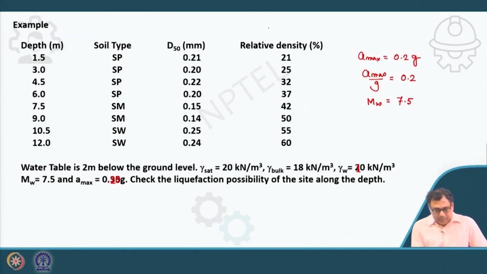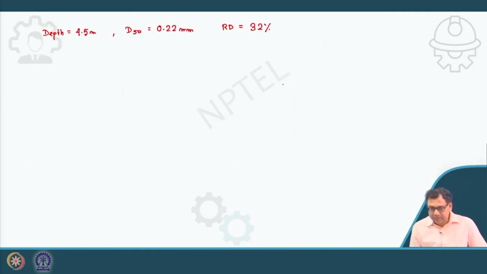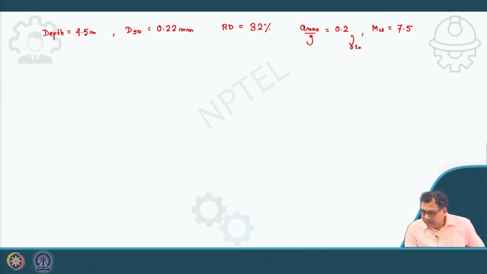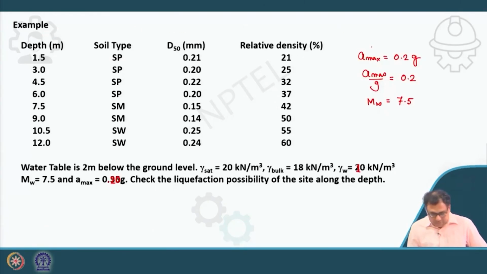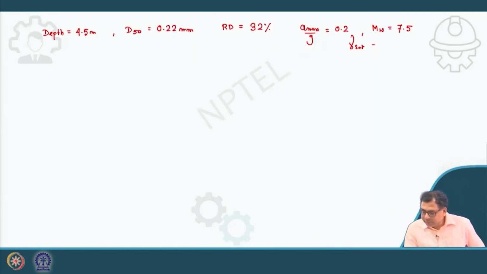Now our Amax by G is equal to 0.2, and MW is 7.5, and your gamma sat is equal to 20 kilonewton per meter cube.